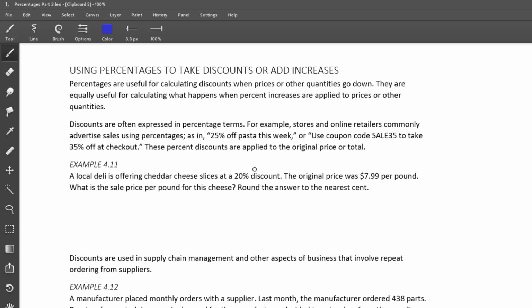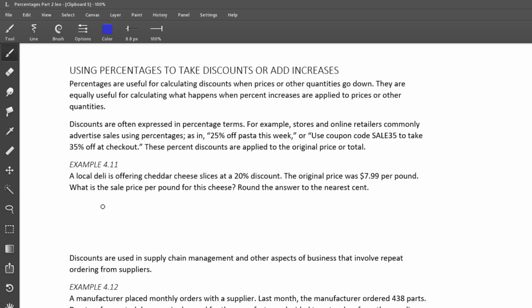So in the case of the pasta, the 25% would come off of the original price. In the case of the coupon code at checkout, the 35% would come off of the total purchased in that shopping cart.